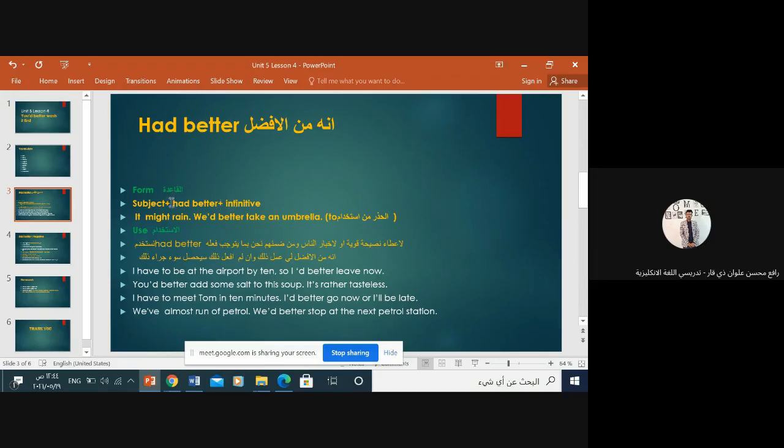جدا مهم إنه تعرف إنه had better ليه يعني تستخدم had better without to. You'd better go, you'd better read, you'd better write, so infinitive without to. It may rain.